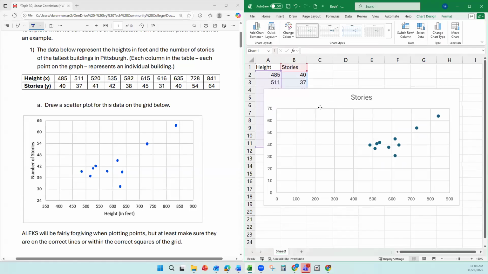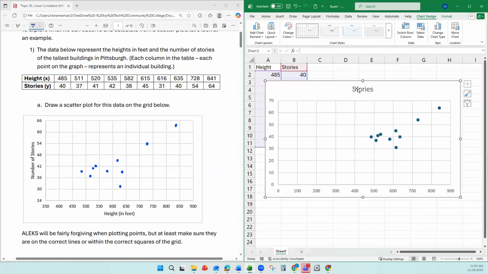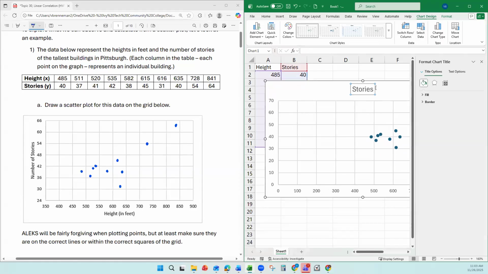And I can do all sorts of things to make this look nicer. I can change the title here and say this is building height versus number of stories.